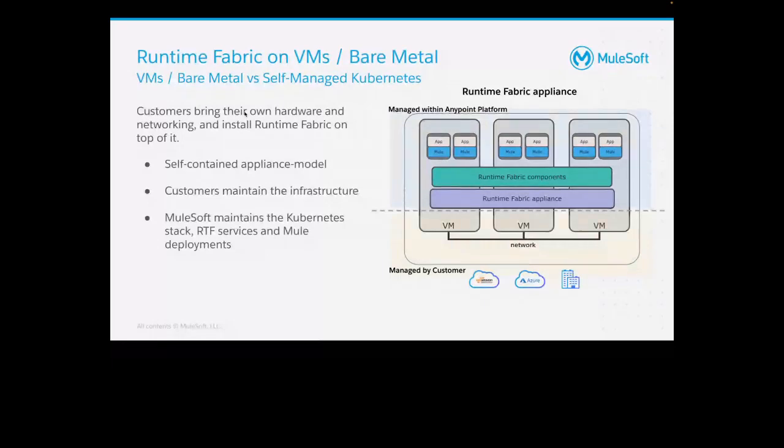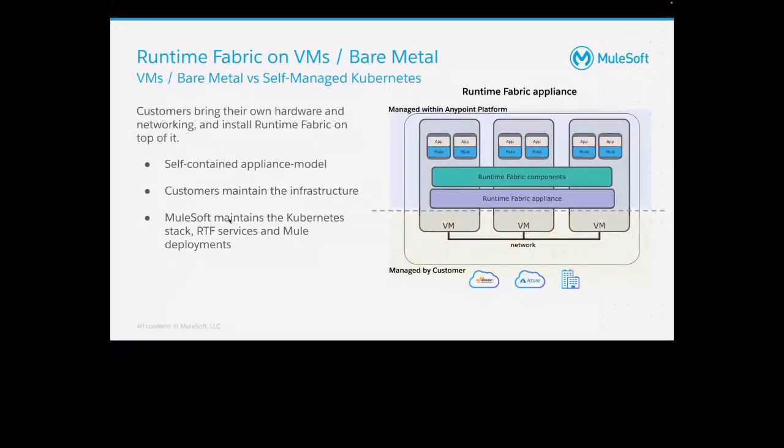So they will bring in the VM, the disk space, networking capability. All of that is supposed to be provided and managed by the customer. What MuleSoft does is it just provides you the Runtime Fabric. It provides you the appliance model, and that's how this whole system works.